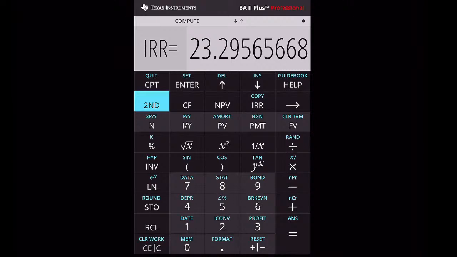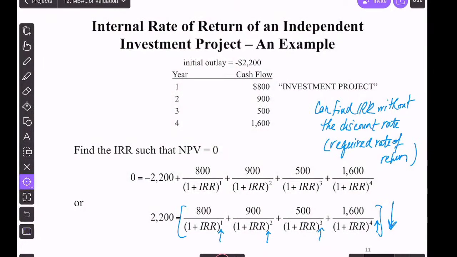You got it? So CFO, oh, you don't have the notes in front of you? 2,200.